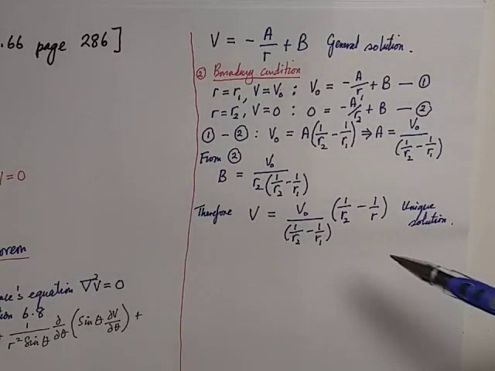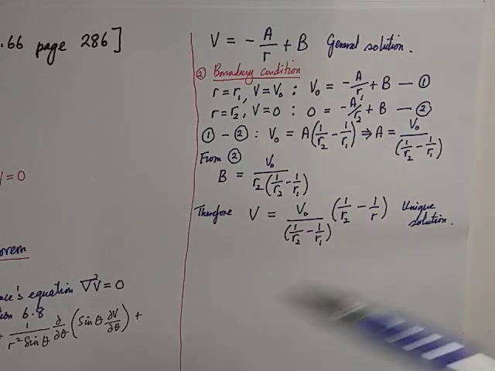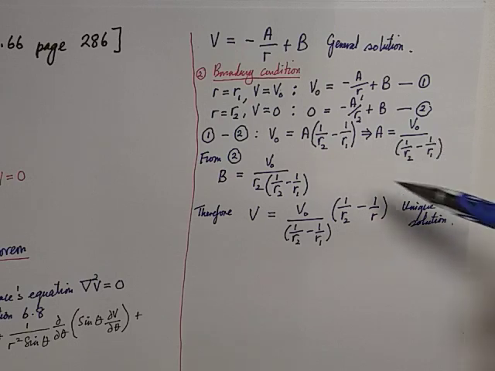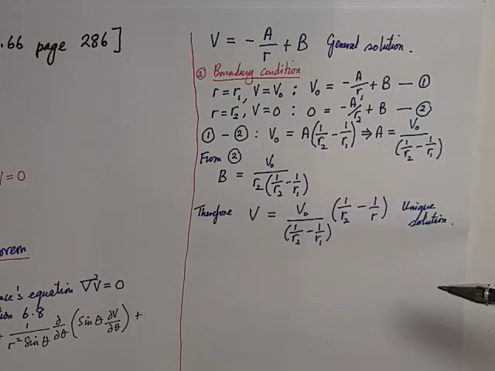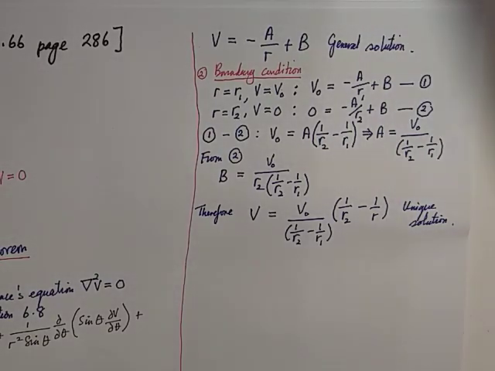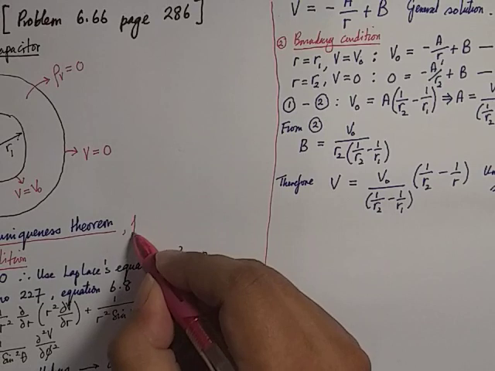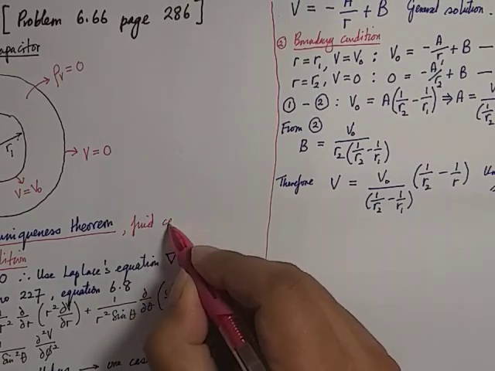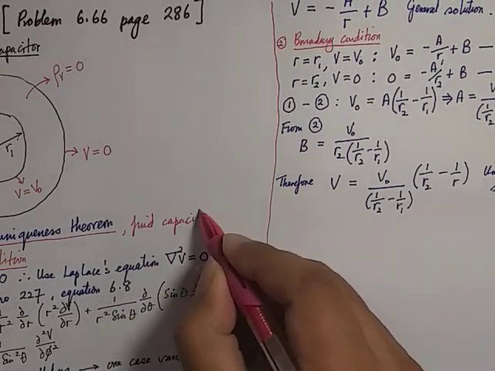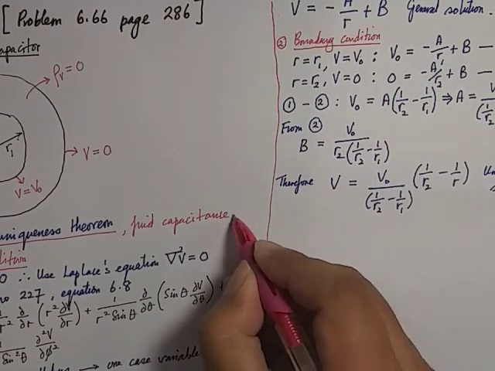Meaning that the solution should be unique based on this problem when it obeys the original condition and when it obeys the boundary condition. So we have done that, but we're not answering the question yet, because the question says find the capacitance of the capacitor.